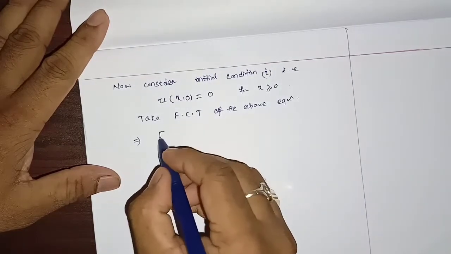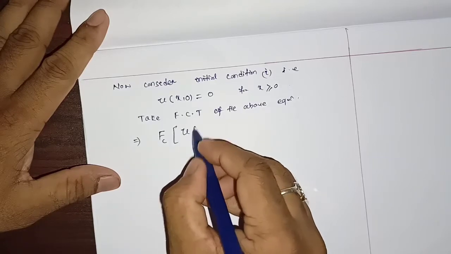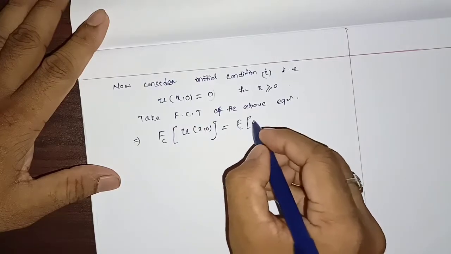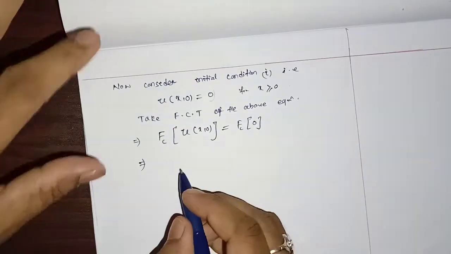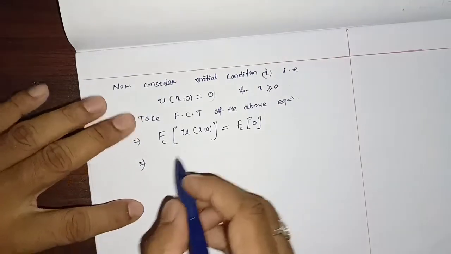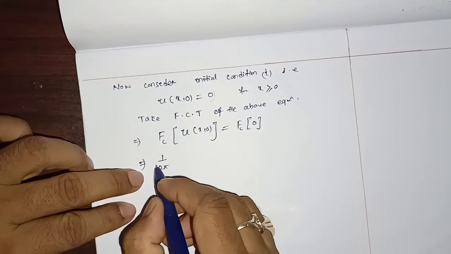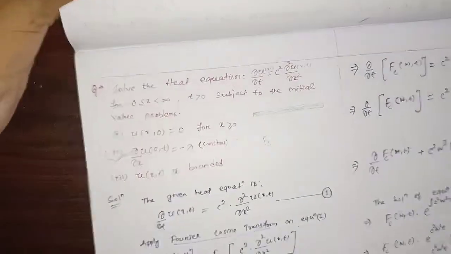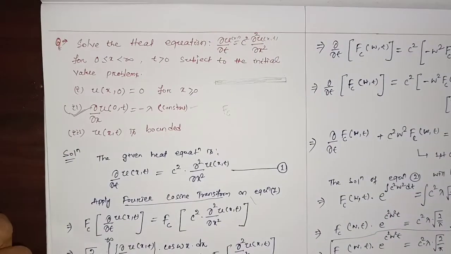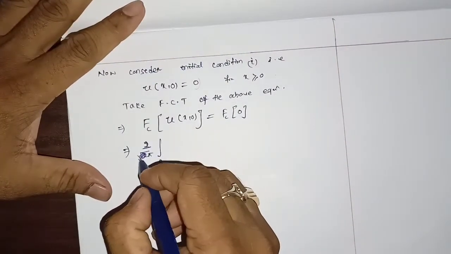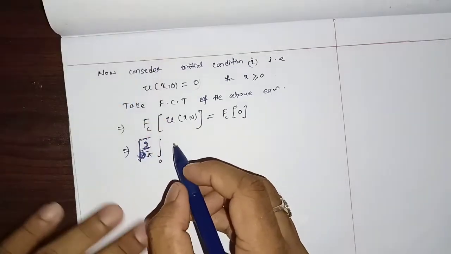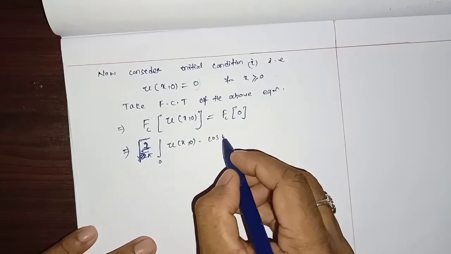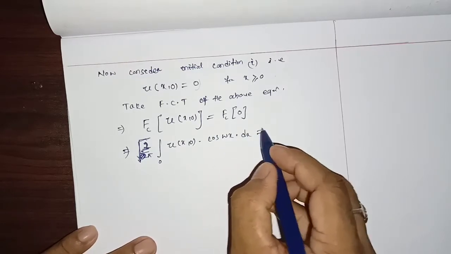That implies the Fourier cosine transform applied over the left hand side, and here the Fourier cosine transform of 0 will be 0. So this will be written as root over 2 by π, 2 by π whole root over, integral of u(x,0) into cos ωx into dx, equal to 0 on the right hand side.